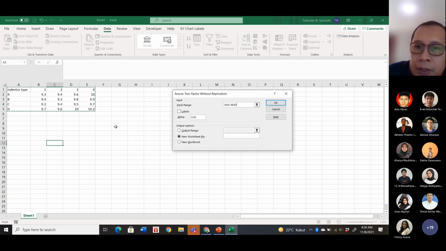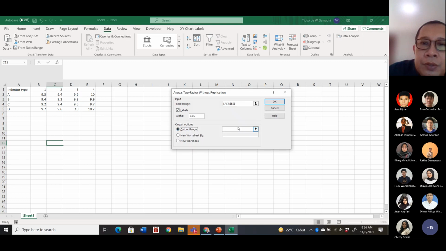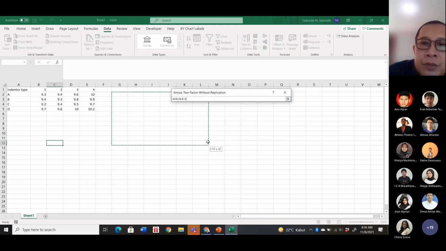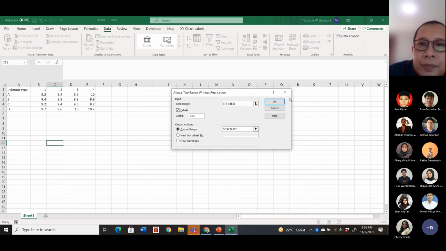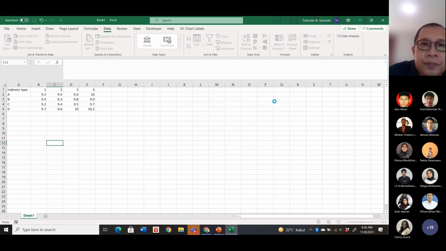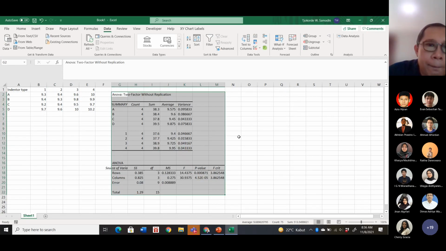So activate labels, and then you can choose whatever value of alpha you have to work with. Then output range as usual, let's just set it up here and click OK. There you go.